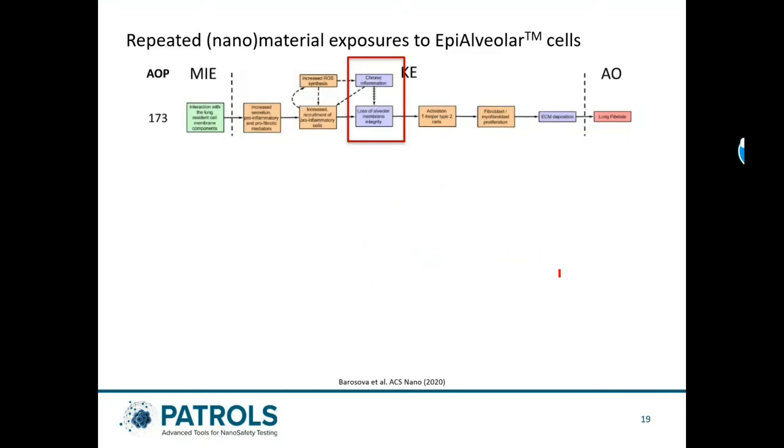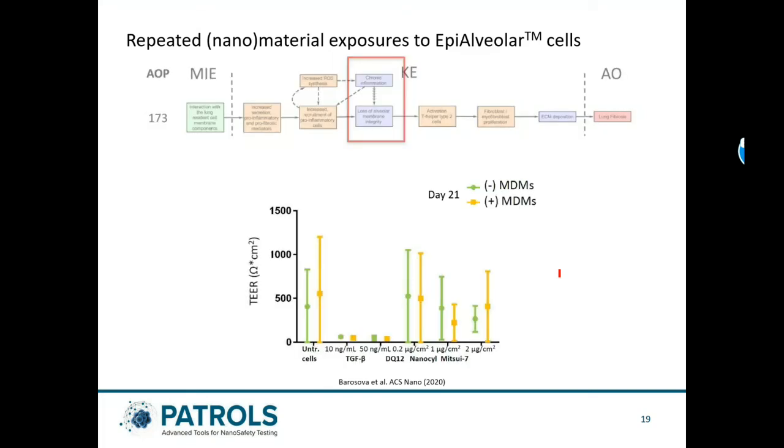One of the assays we also used was the measurement of the membrane integrity, which was even a little bit more difficult, because you see already here for the untreated cells, we had huge standard deviations.